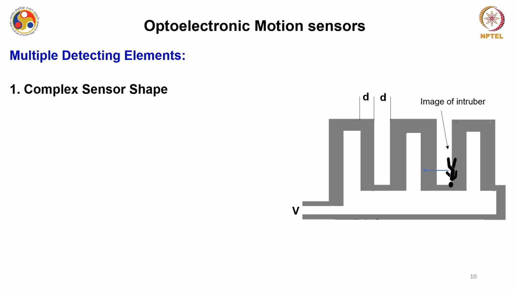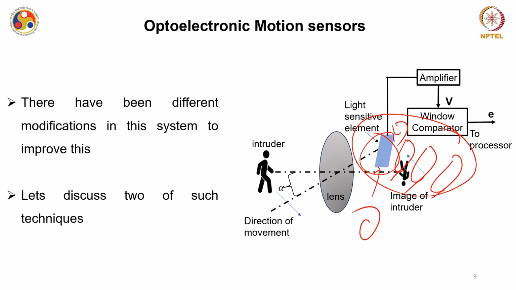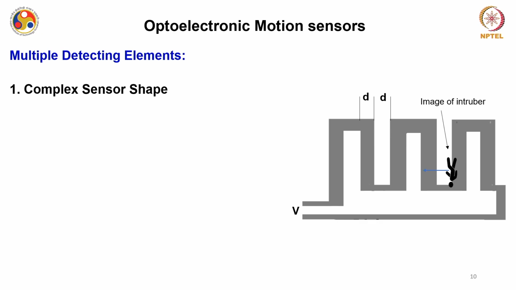So, for such a situation, we have complex sensing element shapes. This sensing element, which looked rectangular over here, or can be circular depending on what sensitive element you are using, can be in a complex shape.